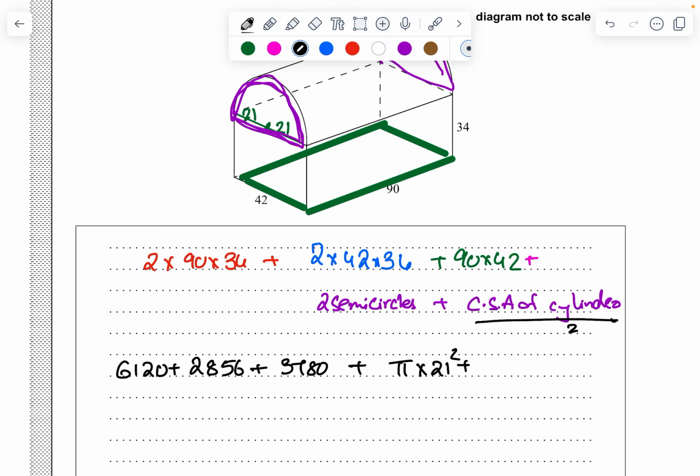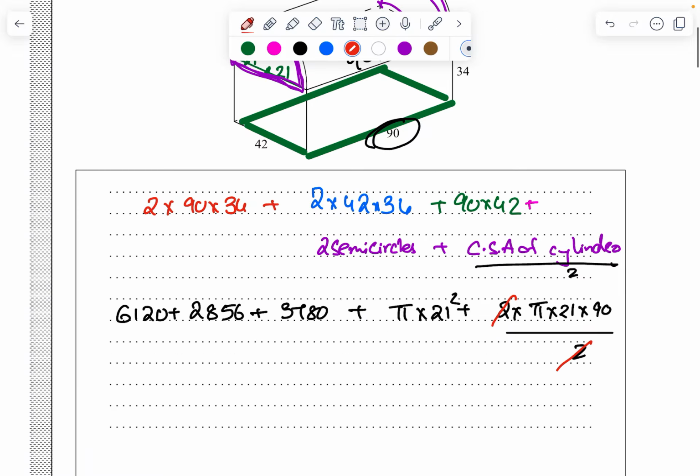That is 2 pi r h, with radius 21 and h equal to 90, divided by 2, because the height of the cylinder is going to be 90. I'm going to finally get 20,100 centimeters squared. This is going to be the answer.